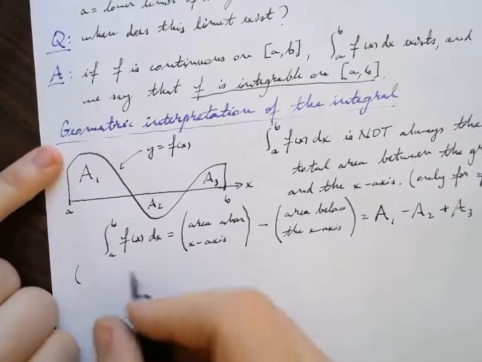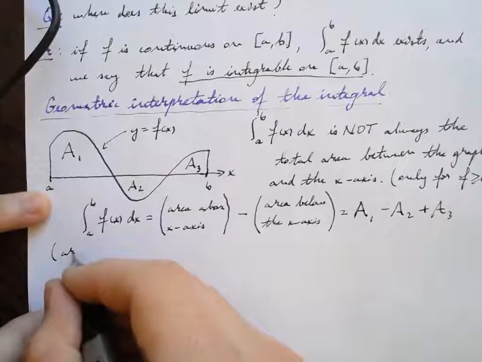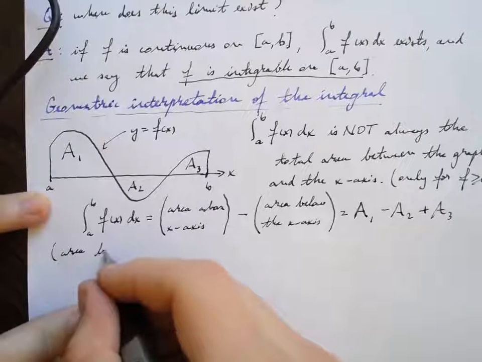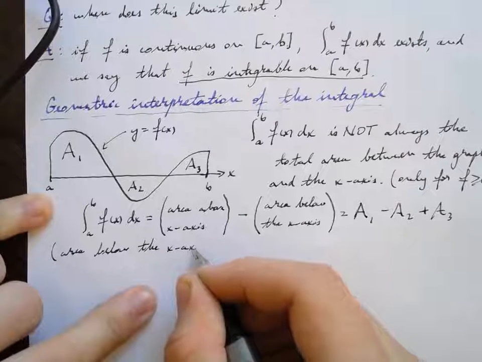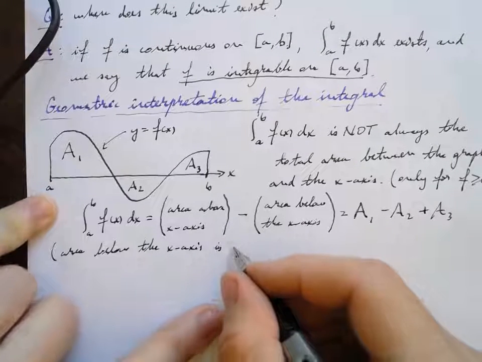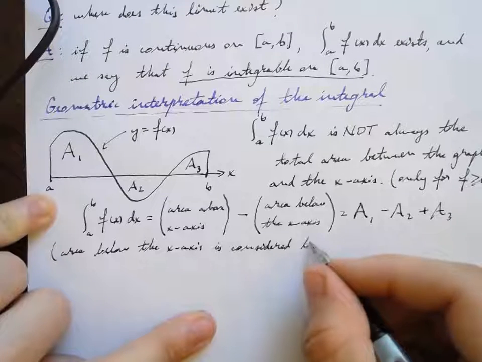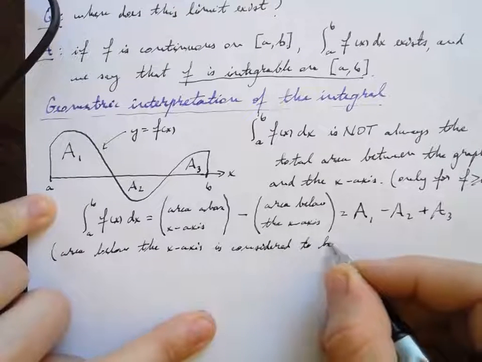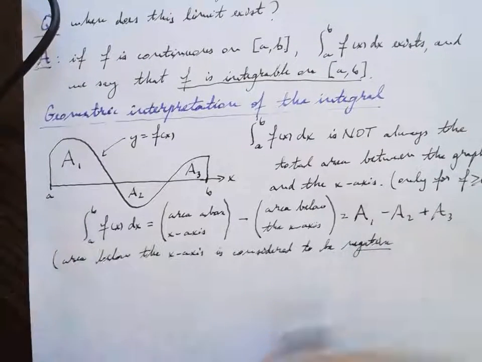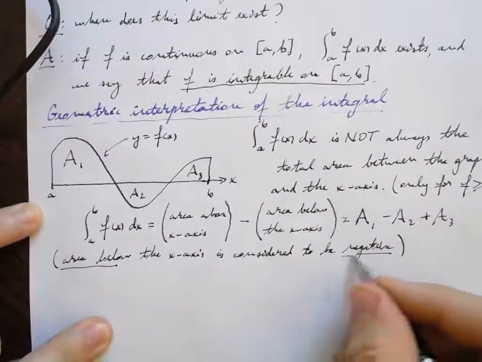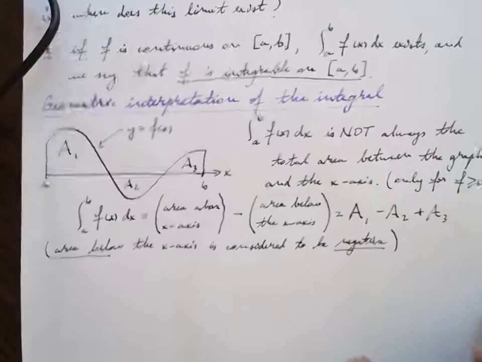And I'll write it here, area below the x-axis is considered to be negative. And that's the interpretation of the integral.